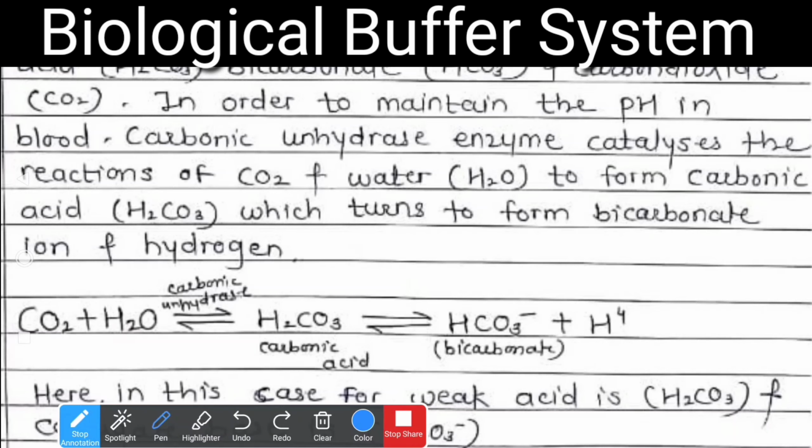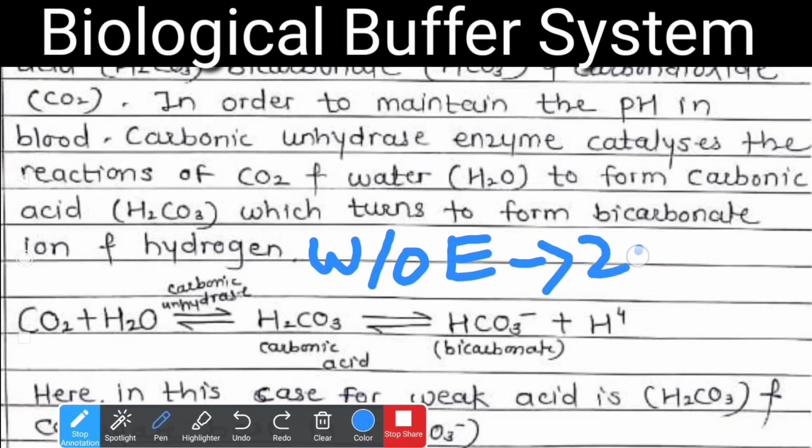What will happen if carbonic anhydrase is not there in the cell? Is it possible that carbon dioxide and water will react together to form carbonic acid? Yes, it is possible. But check it out by yourself. Without enzyme, there will be 200 molecules of carbonic acid formed per hour.